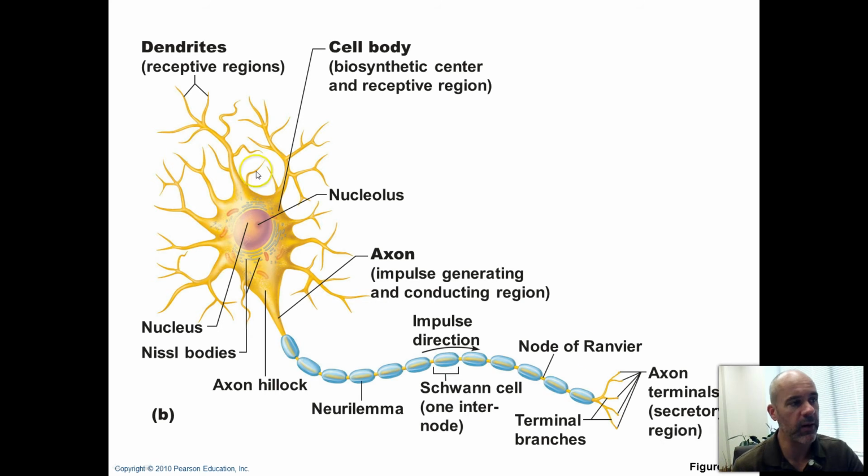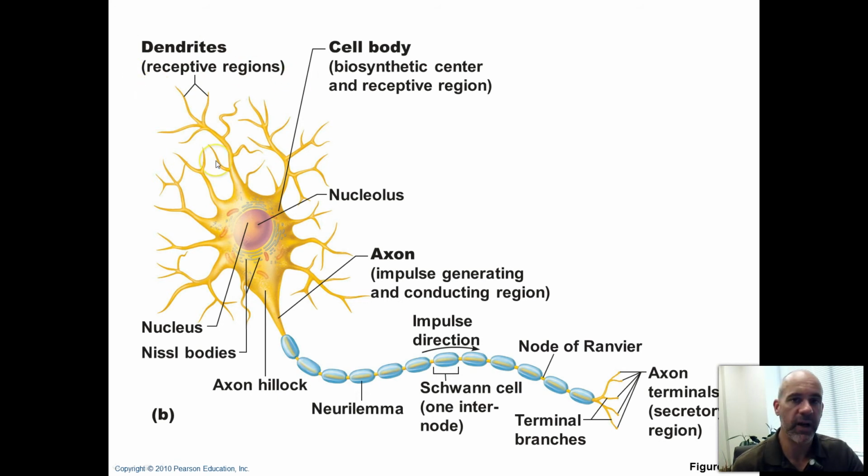All right, we've seen this before, just a quick review here of the anatomy of a motor neuron like we studied during Unit 4. So remember, the main part of the cell is called the cell body, and you're going to have a big nucleus, just like you would in any other typical cell. And then all these little branches you see extending off of the cell body, those are called dendrites. Those are receptive regions.